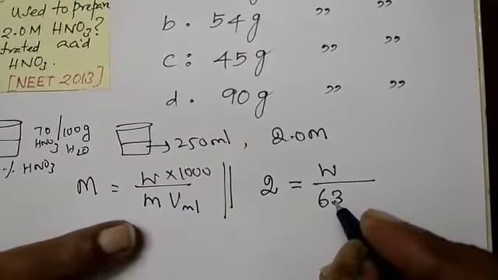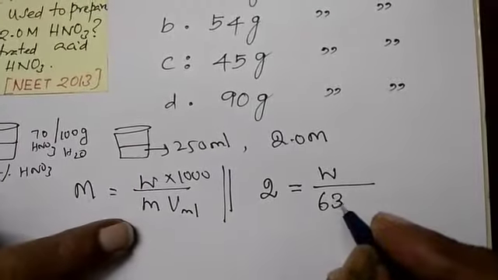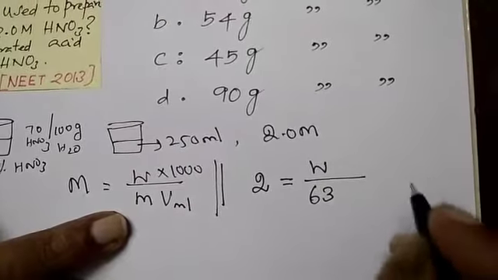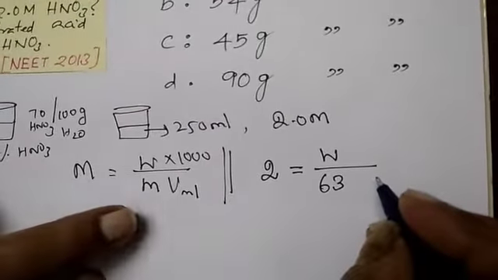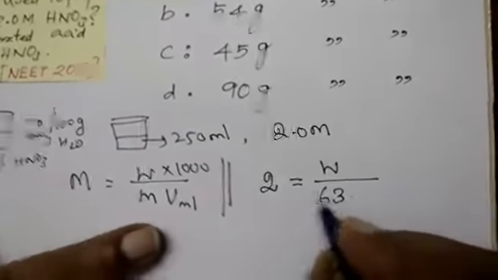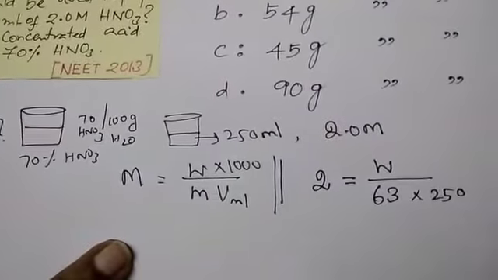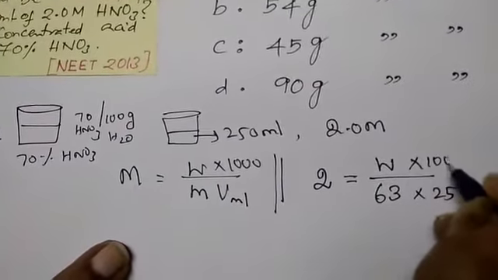Here the important point is you should take only the nitric acid molecular mass, don't by mistake take that of water, because water is the solvent, and the solute is nitric acid. Then the volume is 250 ml, and the formula has 1000.